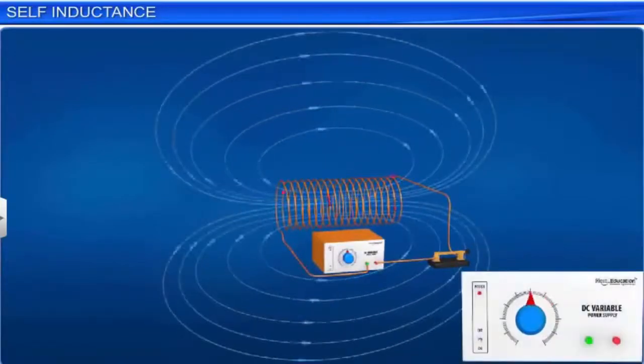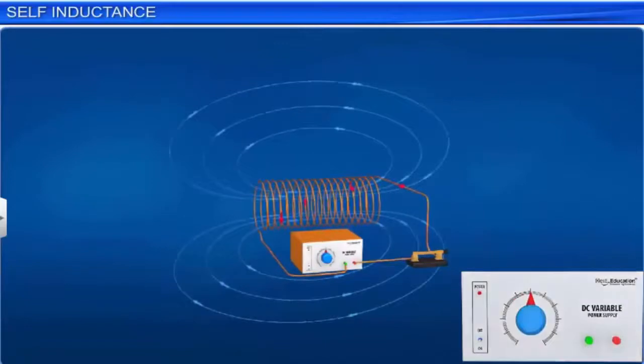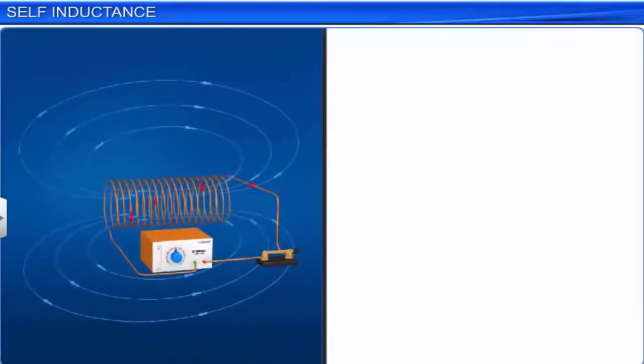When the source current changes with time, the magnetic flux through the coil also changes and induces an EMF in the coil. This phenomenon is called self-induction. The flux linkage through a coil of n turns is proportional to the current through the coil and is expressed as nΦ_B is directly proportional to I.